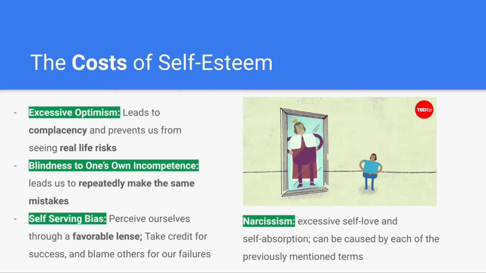Let's also understand self-serving bias, which is when we perceive ourselves through a favorable lens and we take credit for our successes but blame others for our failures. And this can lead to narcissism, which is an excessive self-love and self-absorption and can be caused by each of the previously mentioned terms and can be detrimental to someone's success.